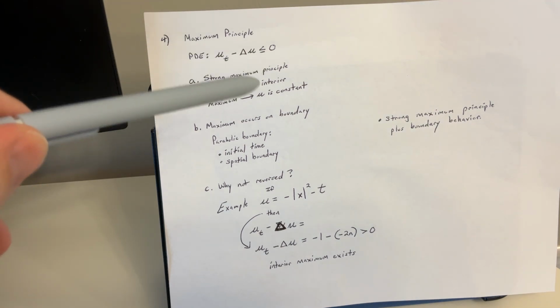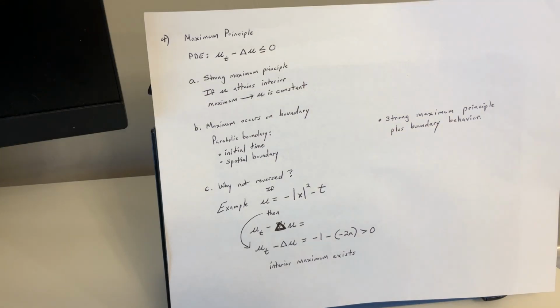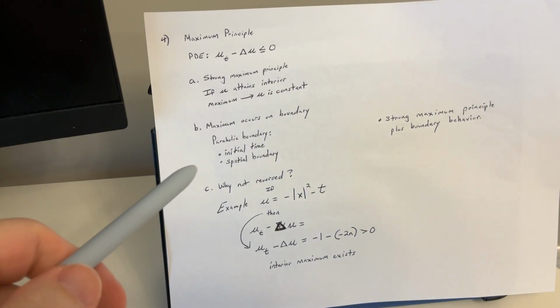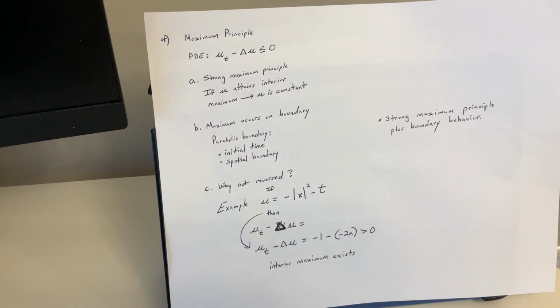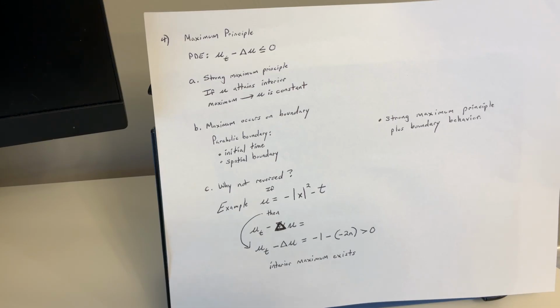If our u in this situation attains an interior maximum, we know that u is constant, according to that strong maximum principle. That's for part A. For part B, where is the maximum going to occur? It occurs on the boundary. We have a parabolic boundary, so we have two things we're looking at, time and space: the initial time and the spatial boundary. So that takes care of part B.